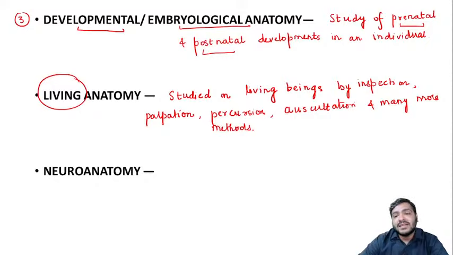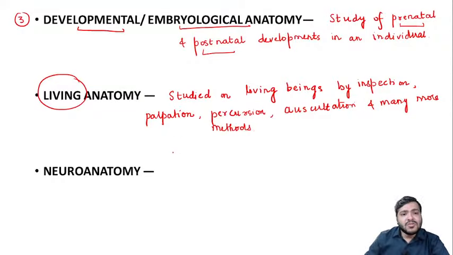Apart from that, auscultation, you all know, putting a stethoscope in your ear and trying to auscultate the patient, the heart sounds, the lungs. So ultimately, living anatomy is that branch of anatomy which is studied on living beings, and that too by different methods.